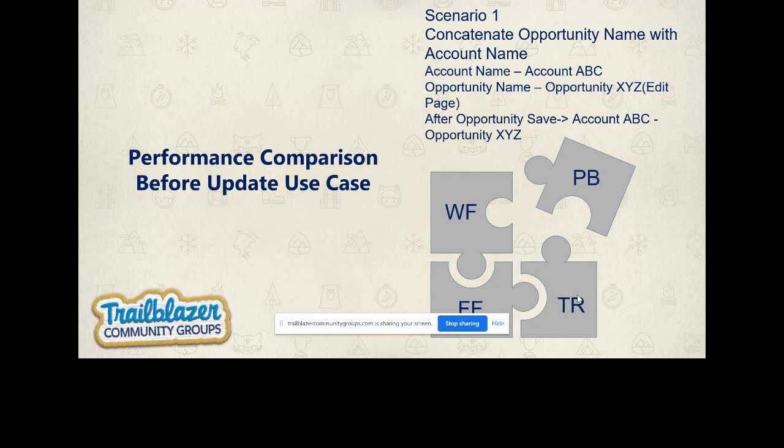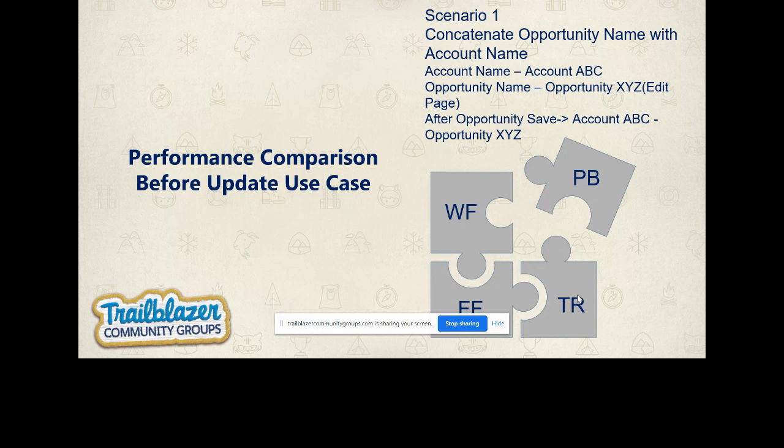Let us see each solution and execute it to see how the performance will be and how we can capture the performance metrics. Before the session itself, I executed each of the solution options, and while executing each one, I captured different metrics.